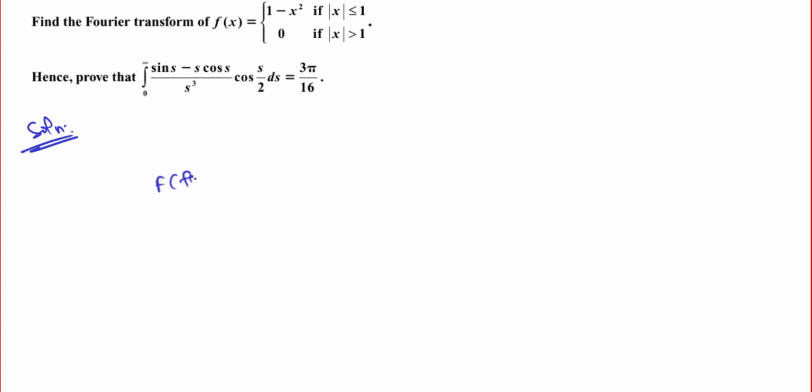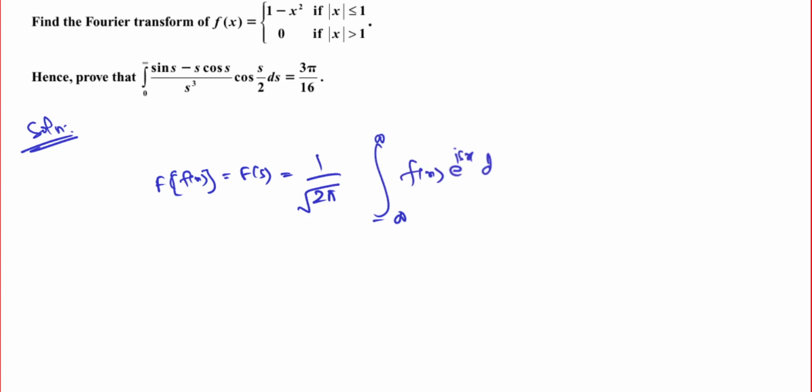Capital F of f of x, or in other words F of s, is equal to 1 divided by square root of 2 pi into the integral from minus infinity to plus infinity of f of x into e to the power isx dx. So that's the definition of the Fourier transformation.